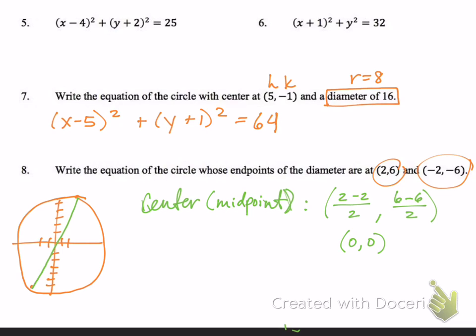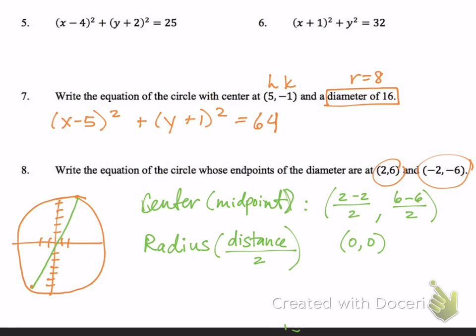Then for my radius, those are the 2 things that I need. I need to use the distance formula, and I need to divide it by 2. So to find my radius, I need to find the distance, which gives me my diameter. Then I need to cut that in half.